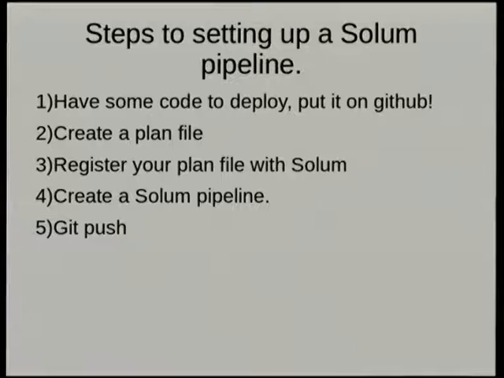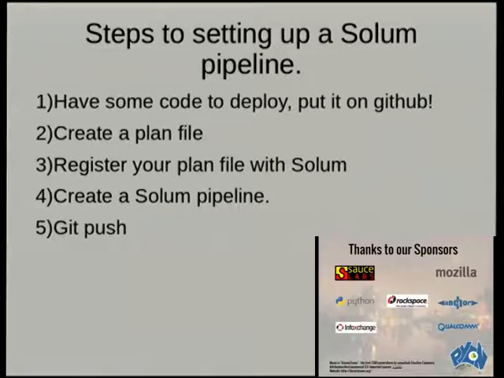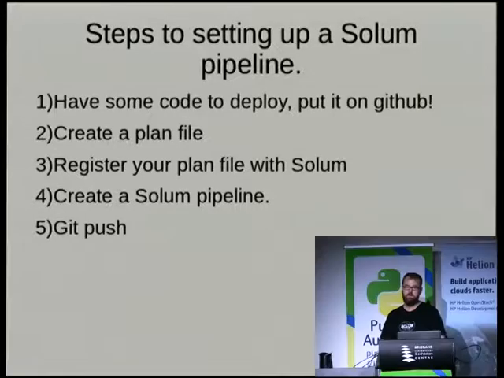So, steps to set up a Solum pipeline. The pipeline is basically that process of going from your code to a deployment. So you have a GitHub repo, for instance. You create what we call a plan file, which basically has the URL to that, any dependencies, and it also tells Solum the format inside that Git repo.